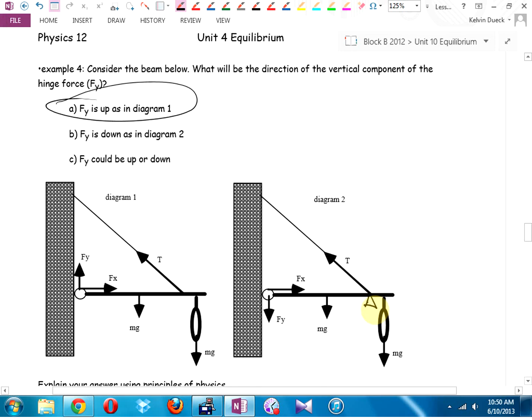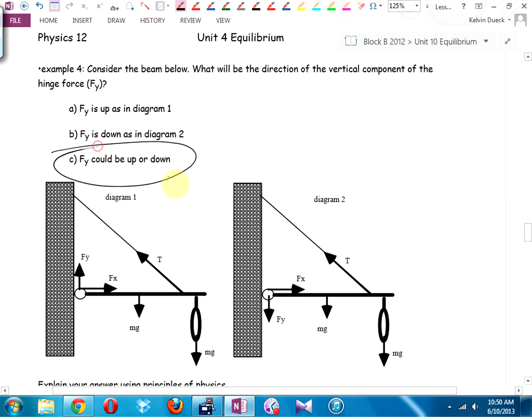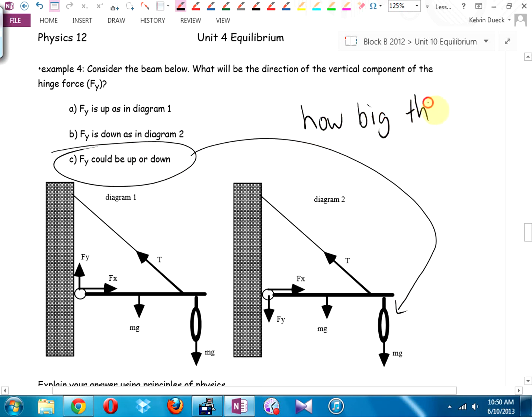You need some equilibrium force. Actually, I take that back. It depends on how big this is. If that was really, really heavy, then force Y would have to be pulling down to prevent it from spinning. It depends on the mass.